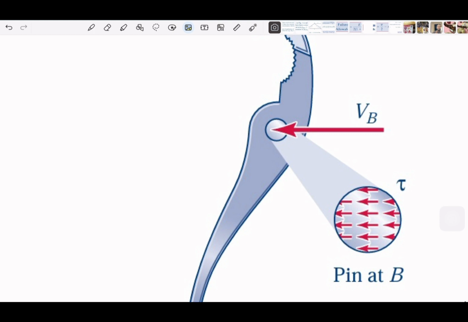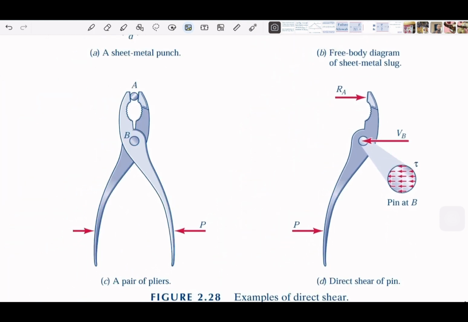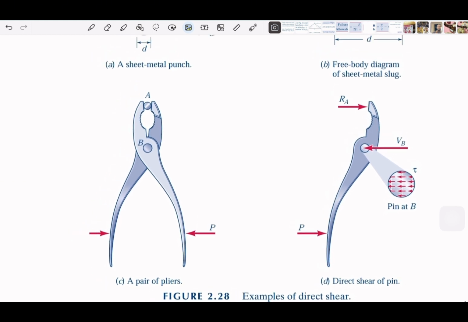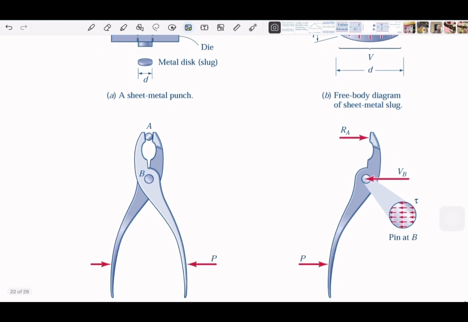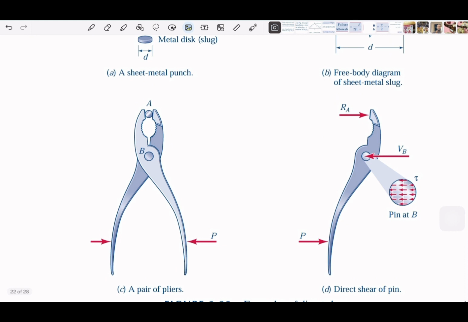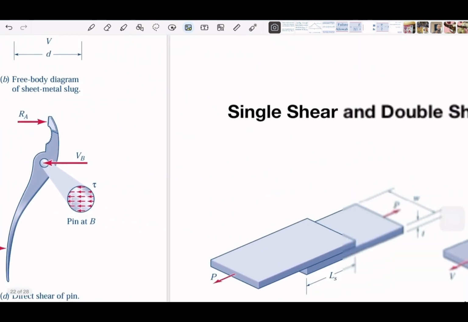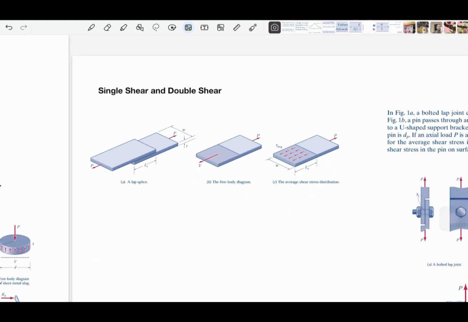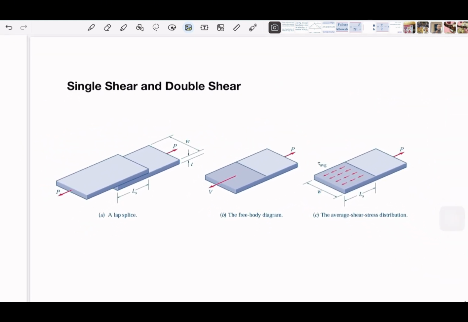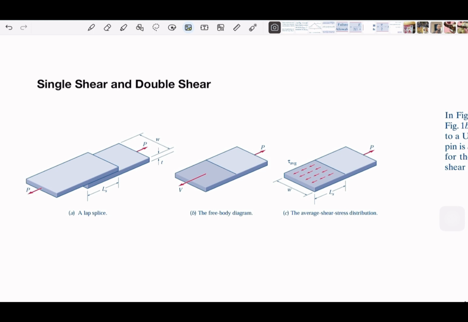And these distributed forces exert what we call the shear stress. Now these are the differences. We call the first one a single shear, and the second one a double shear. Let me explain in detail.